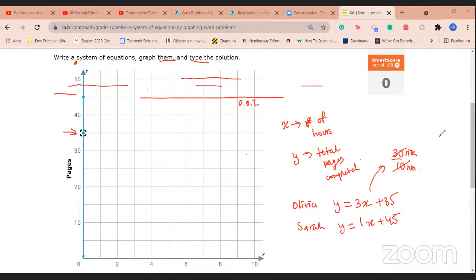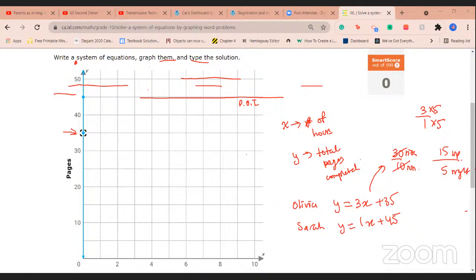But let's just go with 3 over 1. The way I would do this is multiply this by 5 and multiply this by 5, because that works in the scale. So that would be 15 up and 5 to the right.